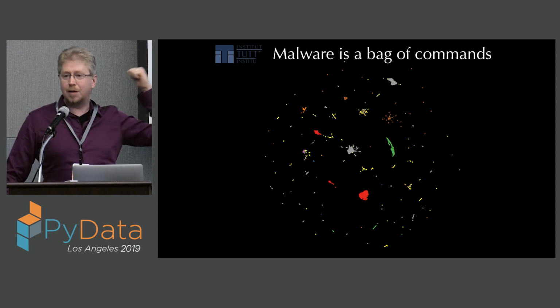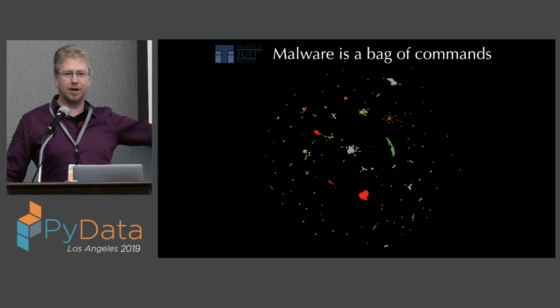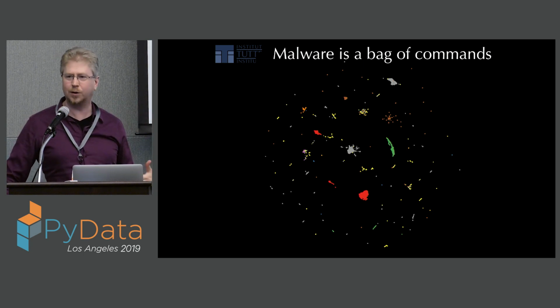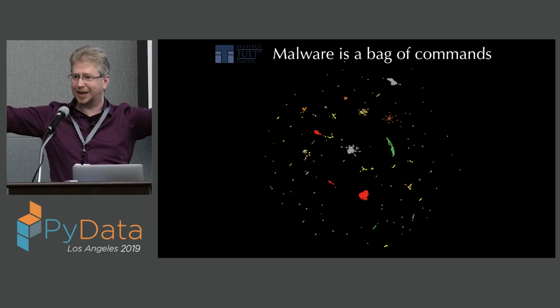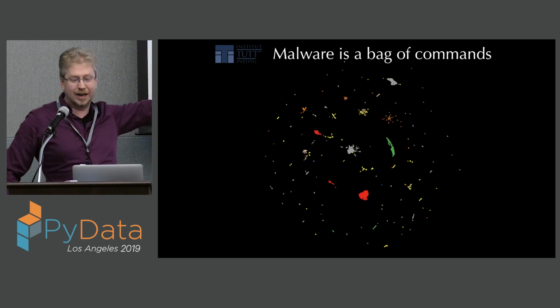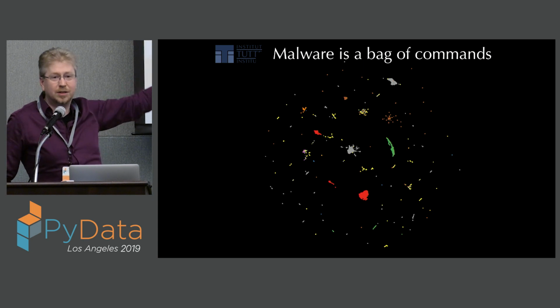Malware is a bag of the commands that it runs when you run it in a virtual machine. This is very general. I run a piece of malware in a virtual machine. I look at the network connections it establishes or the commands that it runs. Each of those is a token or a word. I treat the malware as the sentence made of those. I count vectorize. I UMAP embed with Hellinger. I end up getting an interesting low-dimensional embedding here. This is in fact colored by the antivirus label that you have.